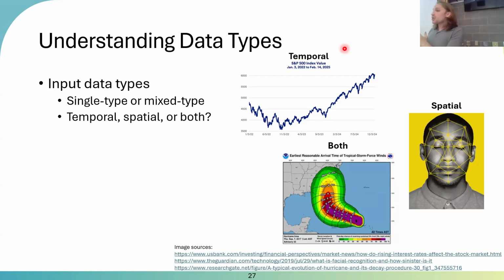You might also have a spatial component, which is very common in image processing, where you often don't want to just flatten all the pixels out and consider only their values as one vector. You often want to maintain the spatial relation across the pixels in your image.